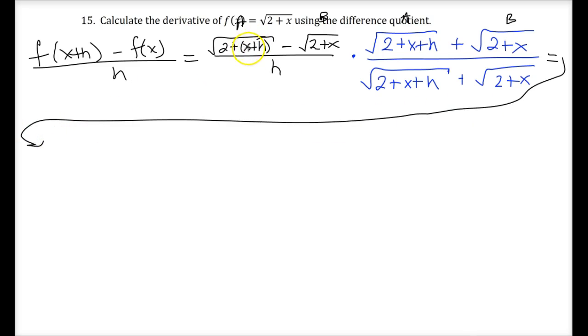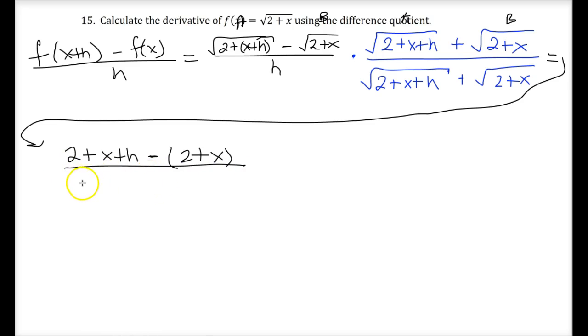All right, so now that we have that together, we move down here. Then we know that when we multiply our first two terms together, that's just going to be the square root of 2 plus x plus h, all of that squared, which would just give us 2 plus x plus h for the first term. And then minus, since this is a squared minus b squared, and we're looking at these terms as b, then all this just simplifies to 2 plus x.